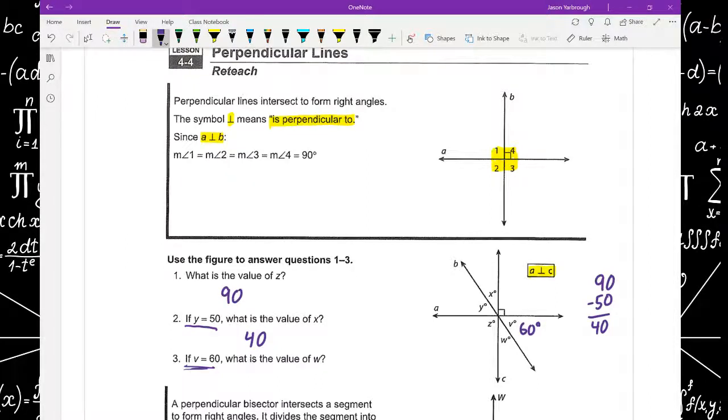The other information from before is gone, but we still know that this is a right angle for the entire thing. So if this part's 60, instead of doing 90 minus 50, we're going to change this to 90 minus 60. All right, 90 minus 60 gives us 30. So angle W, or the value of W, is 30.